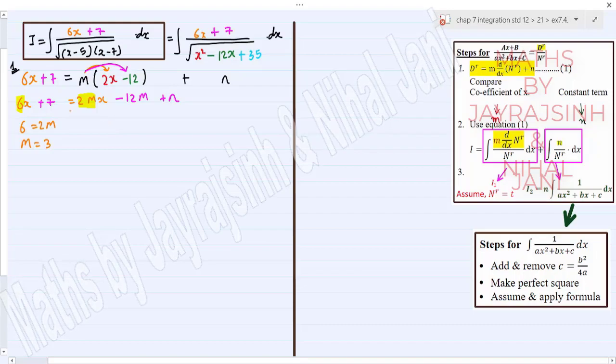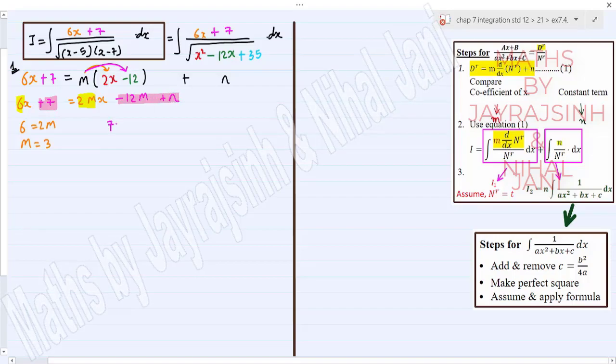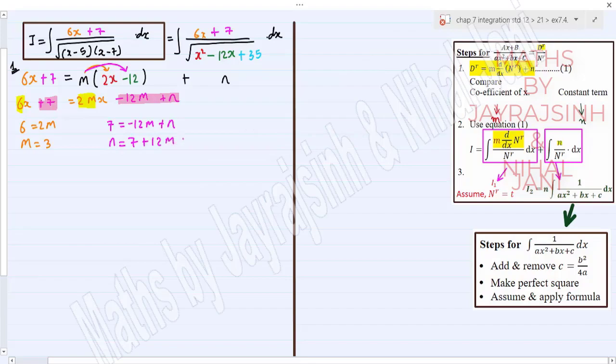Right. And by comparing constant terms on both sides, we will get 7 is equal to minus 12m plus n, or we can say n is equal to 7 plus 12m, which will give us 43. So we complete the first step.